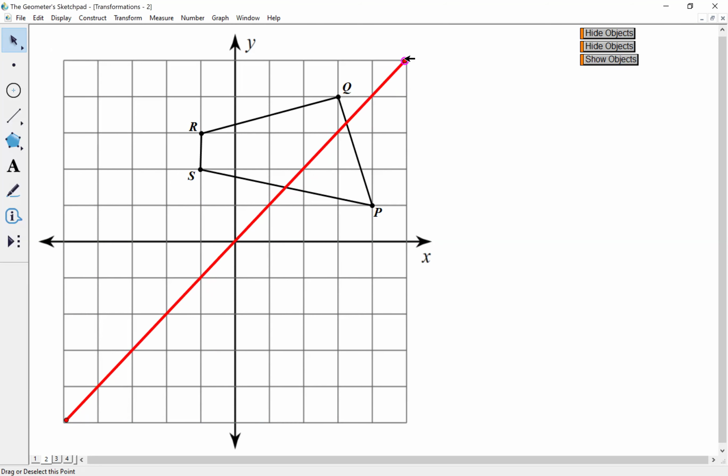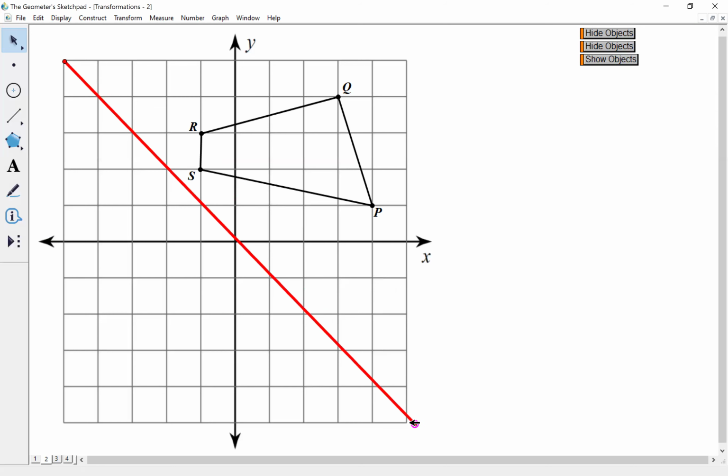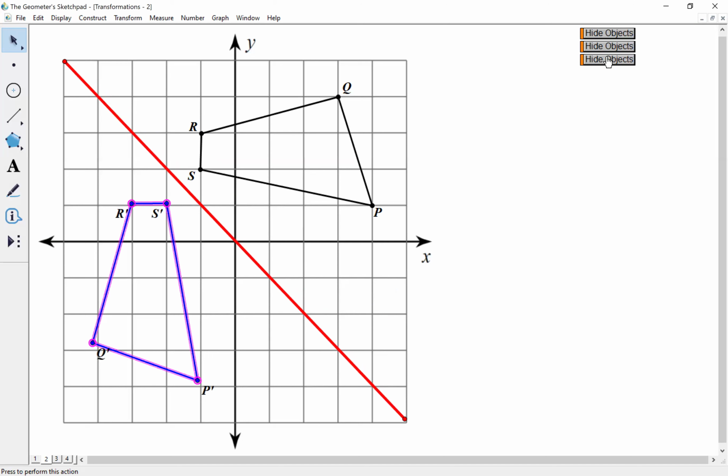That is the line y equals x. But actually, I don't want to see this one because it overlaps my original picture. I don't want my pictures to be overlapping. But let me take a look at y equals negative x. My mirror should look like this.